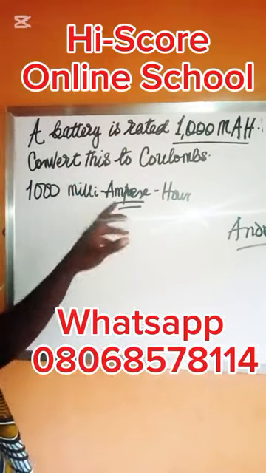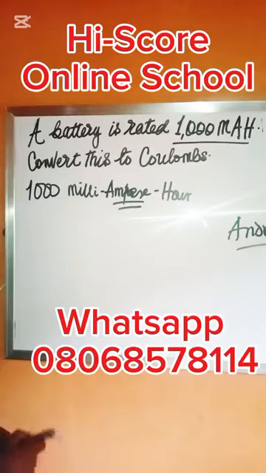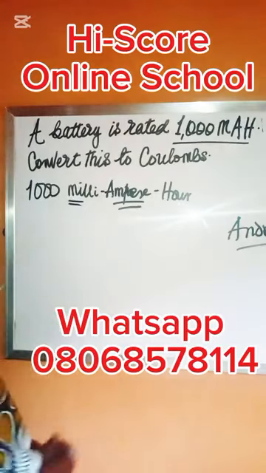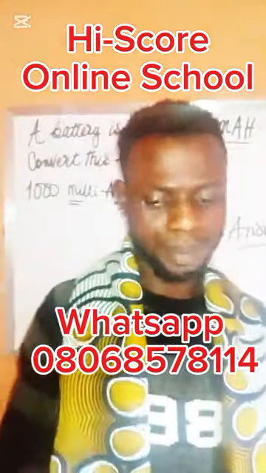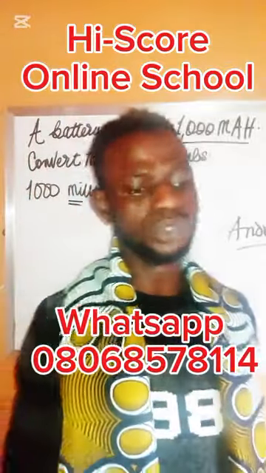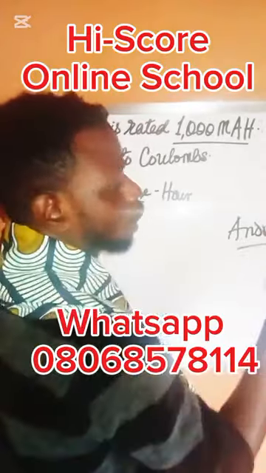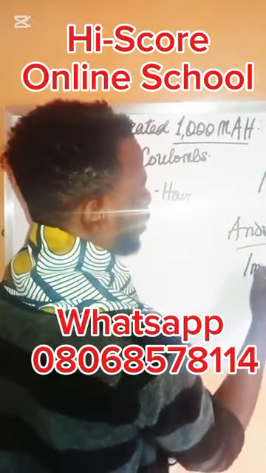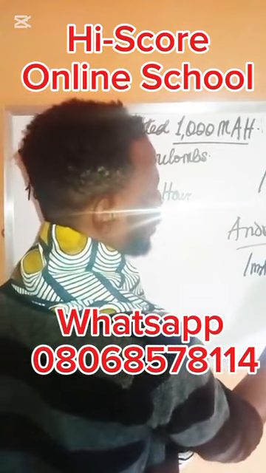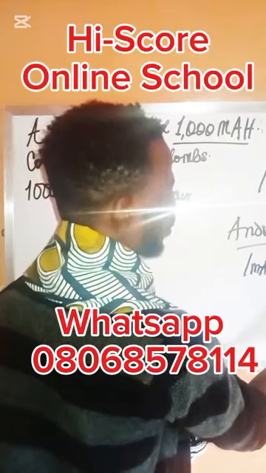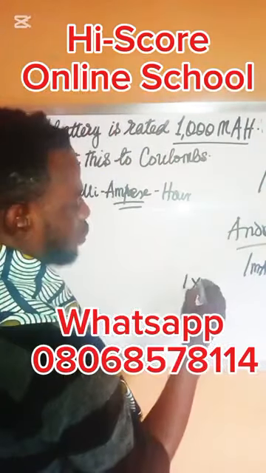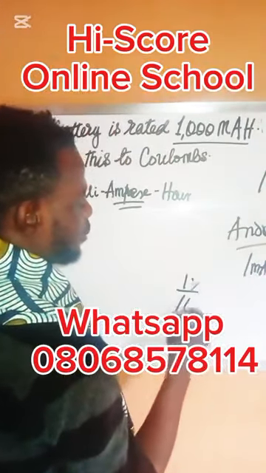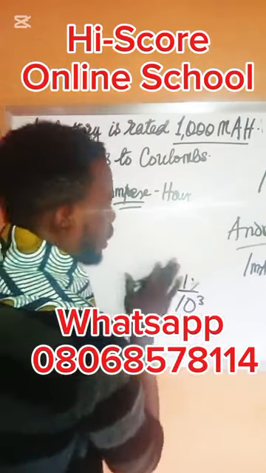So that's how the ampere came about. Now, milli is a prefix in science and engineering used to denote a submultiple of 10 to the power minus 3. So 1 milliampere is equivalent to 1 ampere times 10 to the power minus 3, or we can just say 1 divided by 10 to the power 3, that's 1 over 1000.